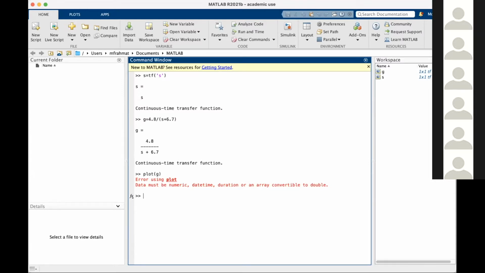Najwa, please help. How to plot the response? Step. Step G. Then you will get the graph.